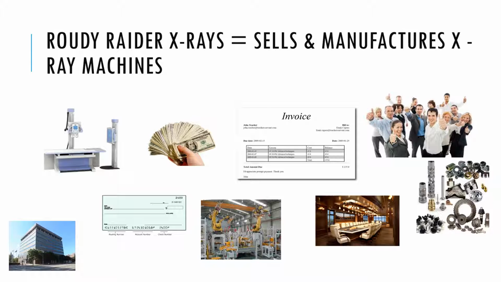Now, each and every picture on this page represents something that I can point to in the balance sheet. It's either an asset, something that we own, or it is a liability. It's something that we owe, or it is equity.